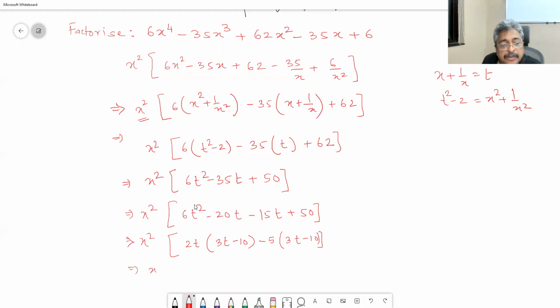Therefore, we get x square inside bracket 2t minus 5, 3t minus 10.